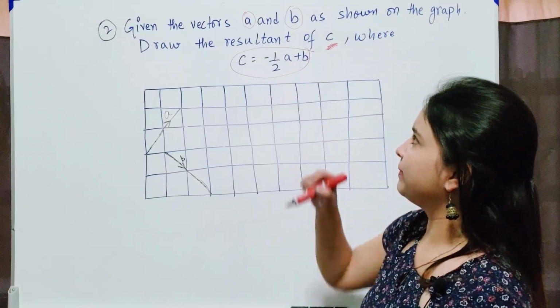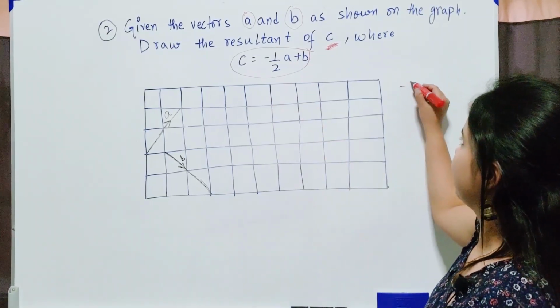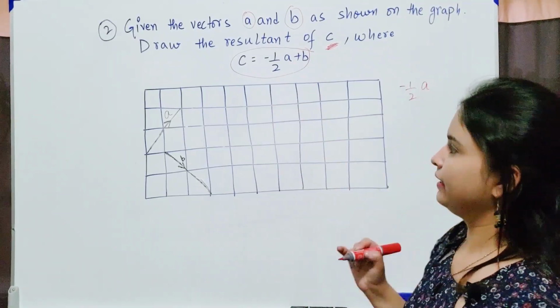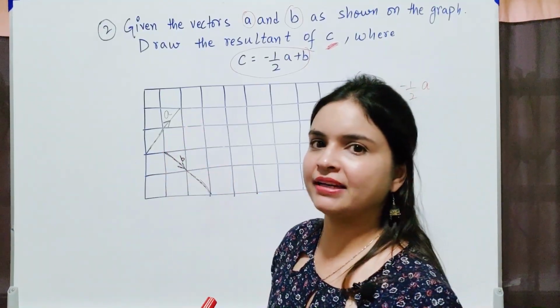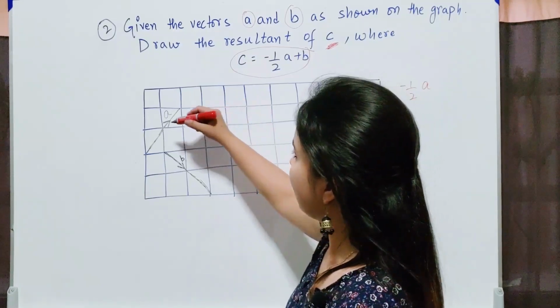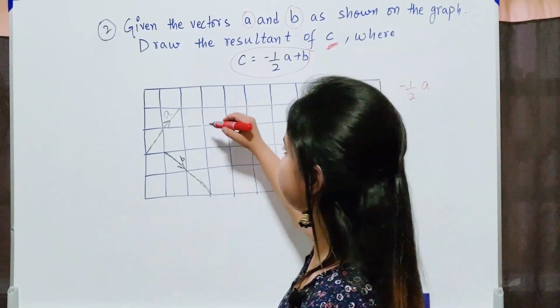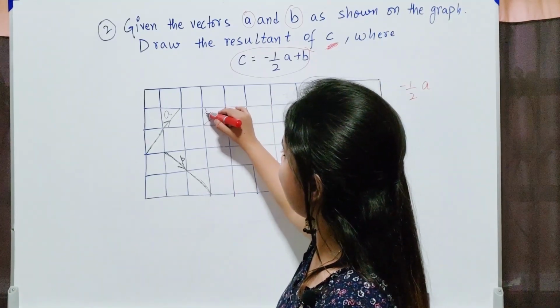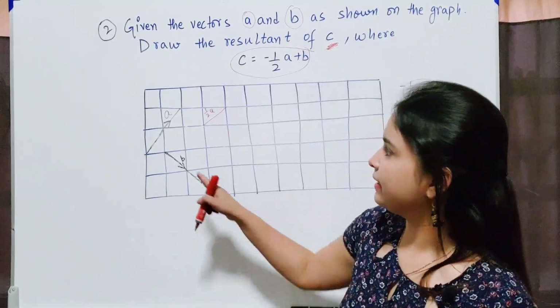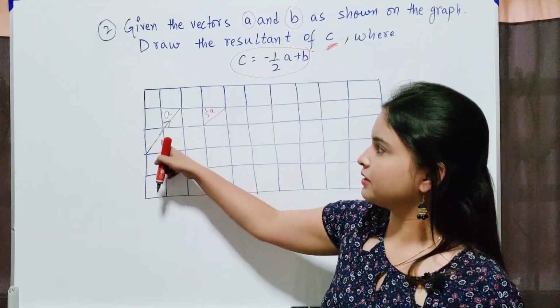Okay, that means first I have to find minus half of A. So if this is my A, what will be minus half of A? First draw half of A. This is half of A. See, A takes 2 blocks, right?